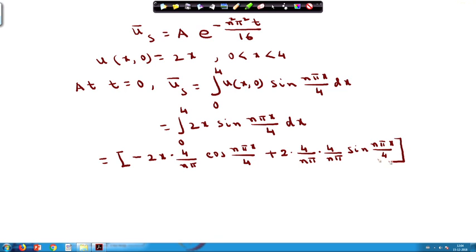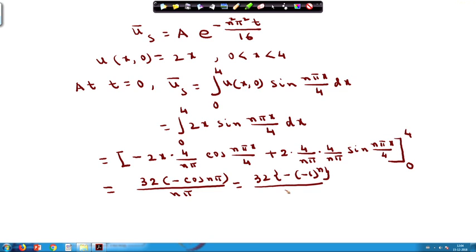If I evaluate the integral, with the limits from 0 to 4, the value will become 32 into minus cos nπ by nπ, which I can write as 32 into (−1)^n by nπ with a minus sign. So this will become (−1)^(n+1) into 32/nπ.